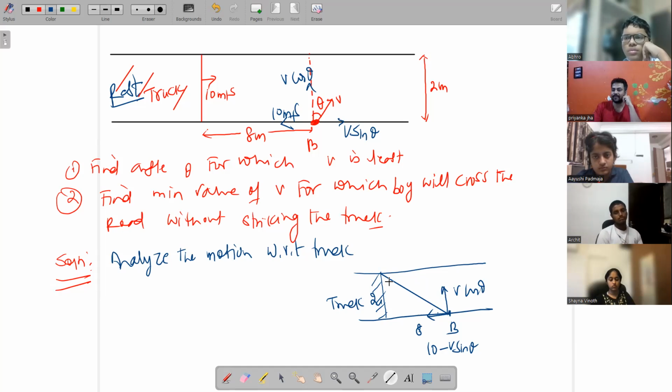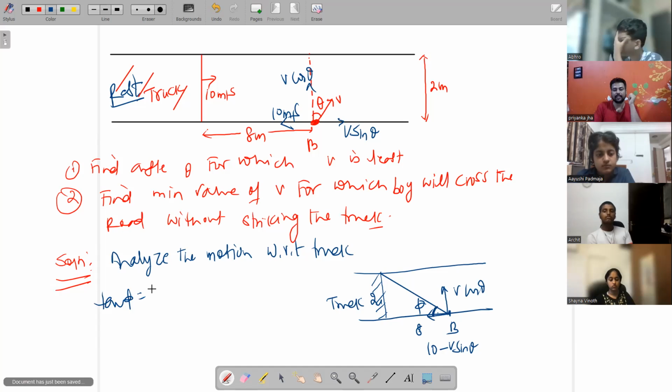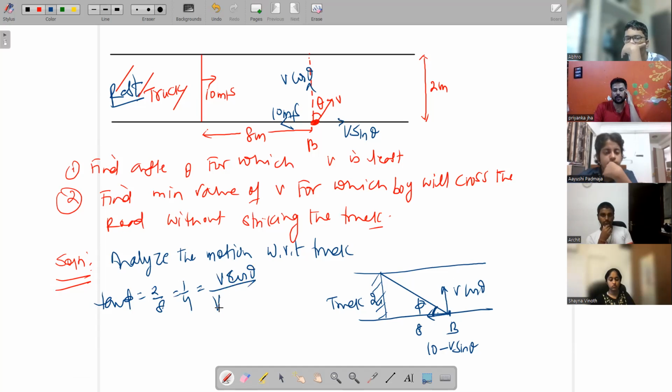So suppose this is some angle phi. What is this angle? Tan phi is 2 upon 8, so this is 1 by 4. And this tan phi can also be written as Vy upon Vx.